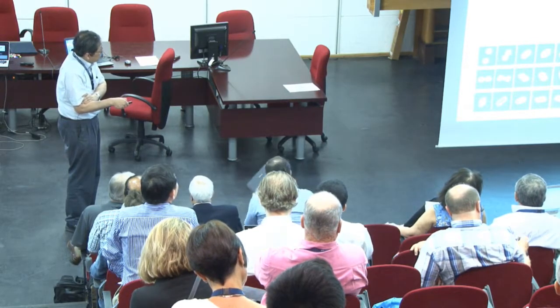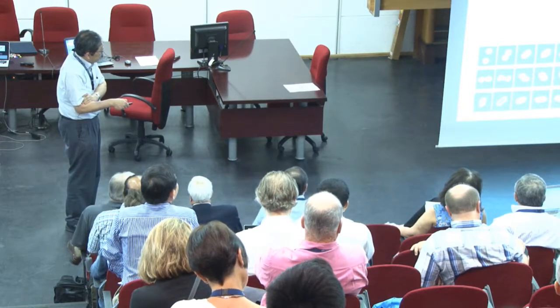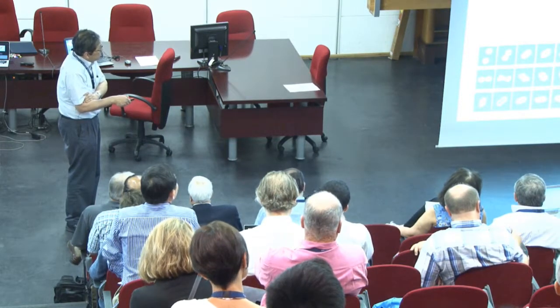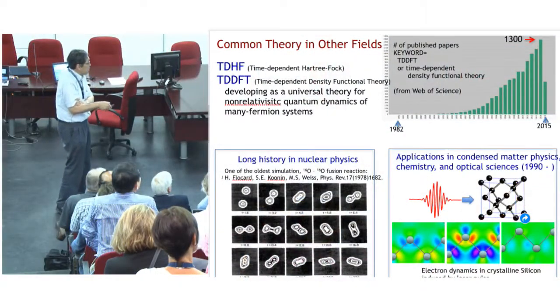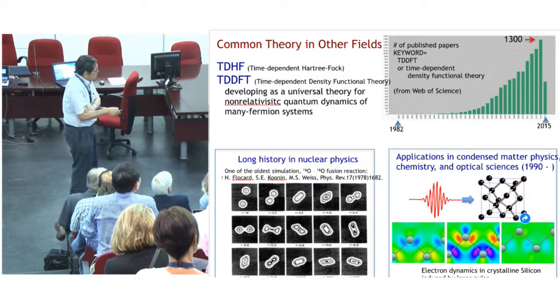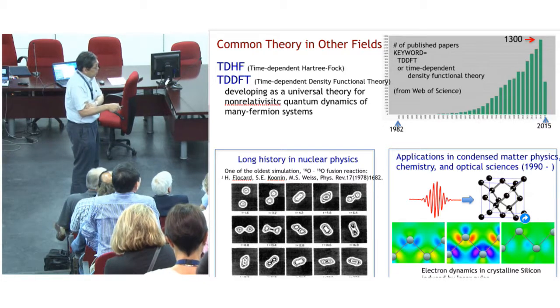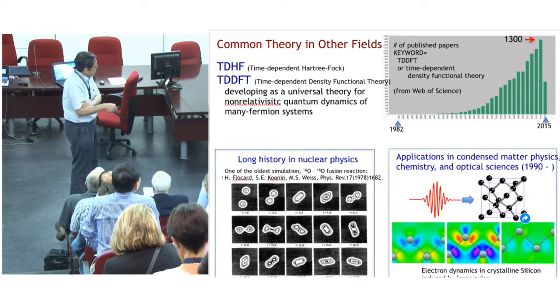The words appeared in 1982, and now the number of papers published a year is about 1,300. I believe nuclear physics papers are only a few percent, mainly chemistry papers. But anyway, in nuclear physics, it has a long history.